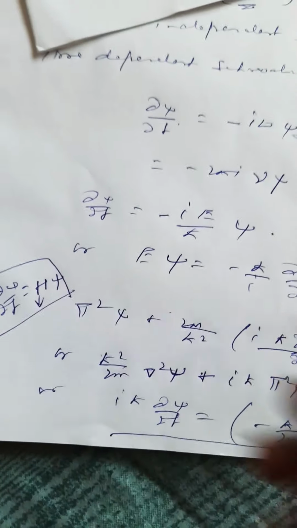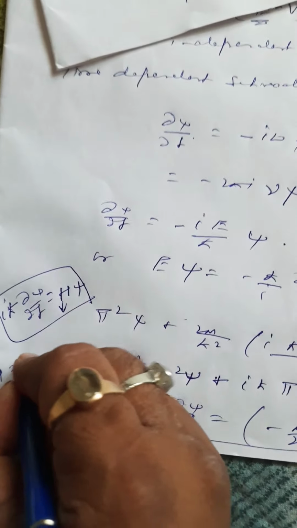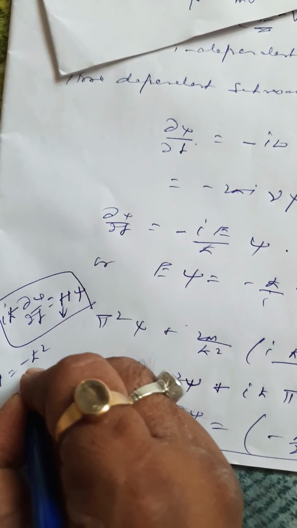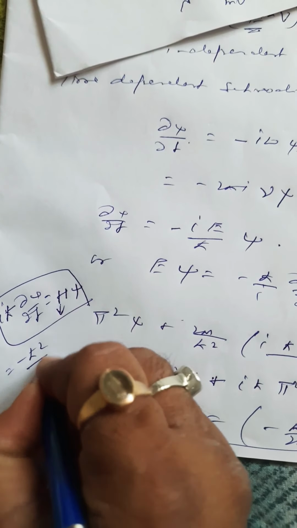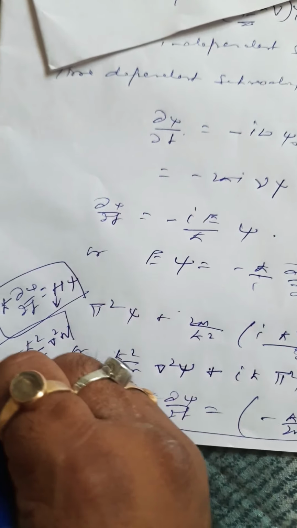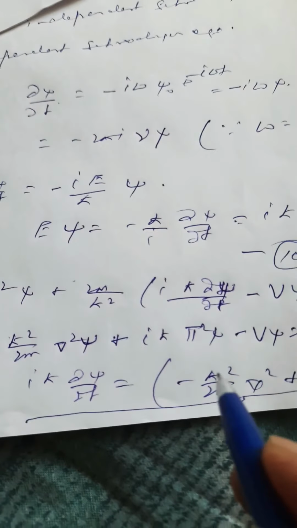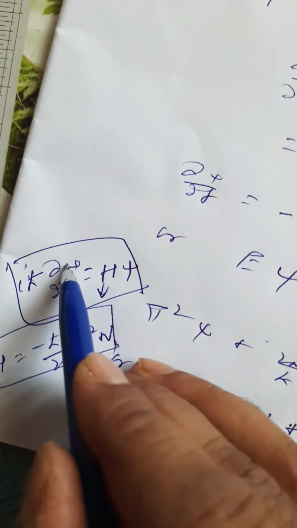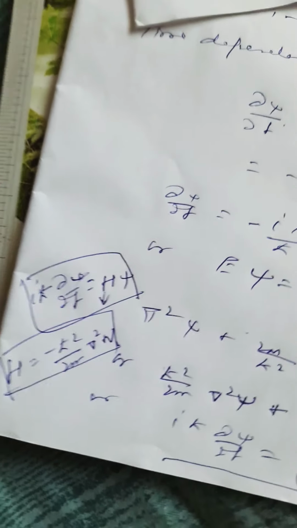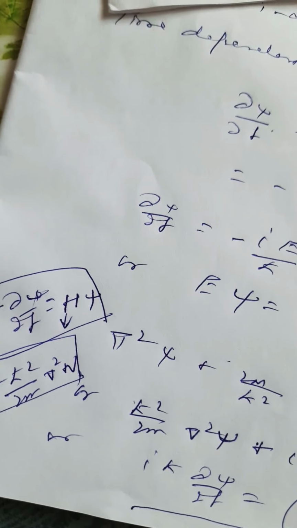Here H is the Hamiltonian, which is given by H equal to minus h cross square by 2m del square plus V. This is our H. So in the place of this we'll write, and we'll get this particular equation, i h cross del psi by del t is equal to H psi. So this is our time dependent Schrodinger equation, in the form of the Hamiltonian.